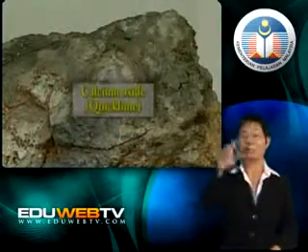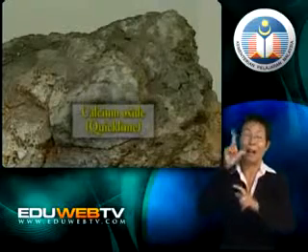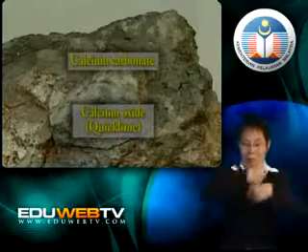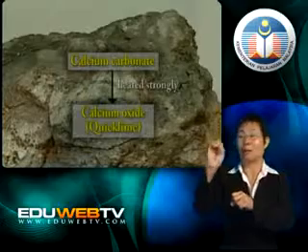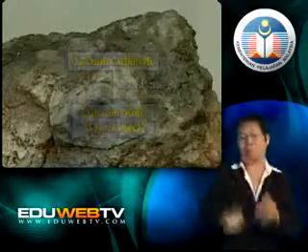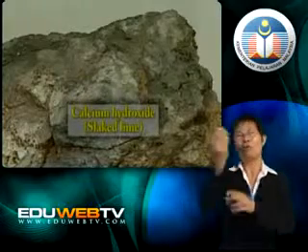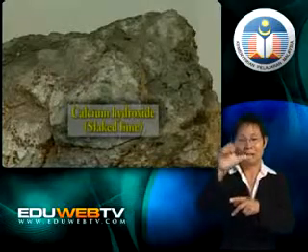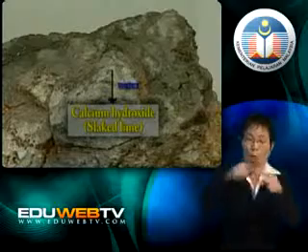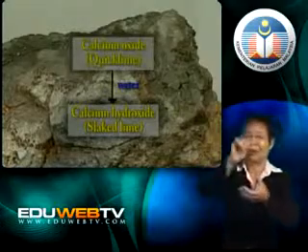Calcium oxide or quicklime is formed when calcium carbonate is heated strongly. Calcium hydroxide, or commonly called slake lime, is formed when water is added to calcium oxide.